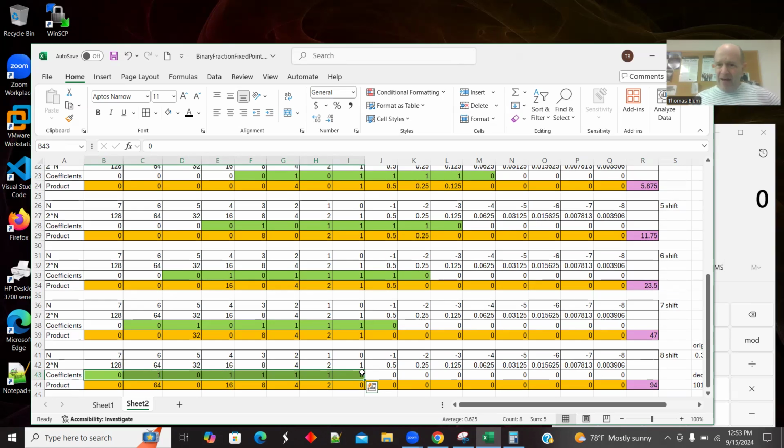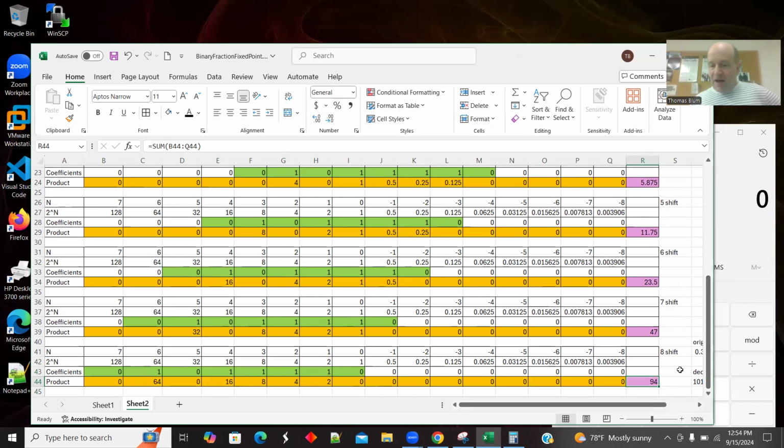I had a binary fraction that was using a byte, 8 bits, and so I shifted it 8 times, and that got my coefficients all over into the positive range. And so now, after I did that, I end up with a 94.